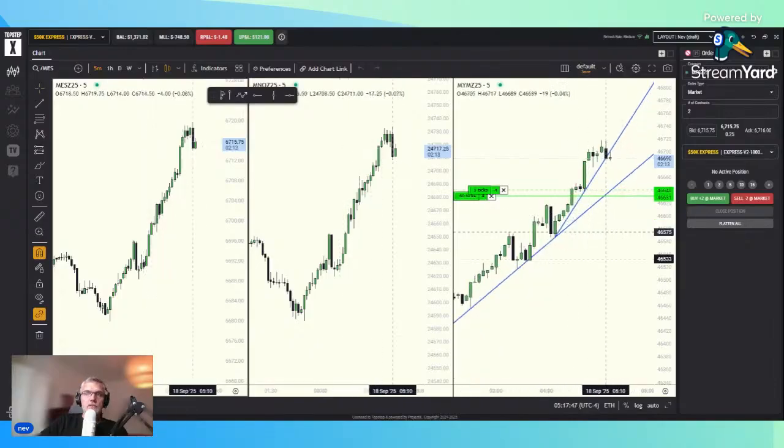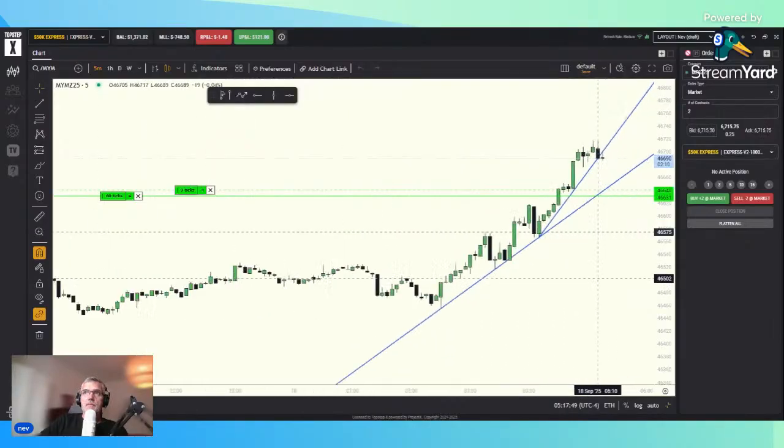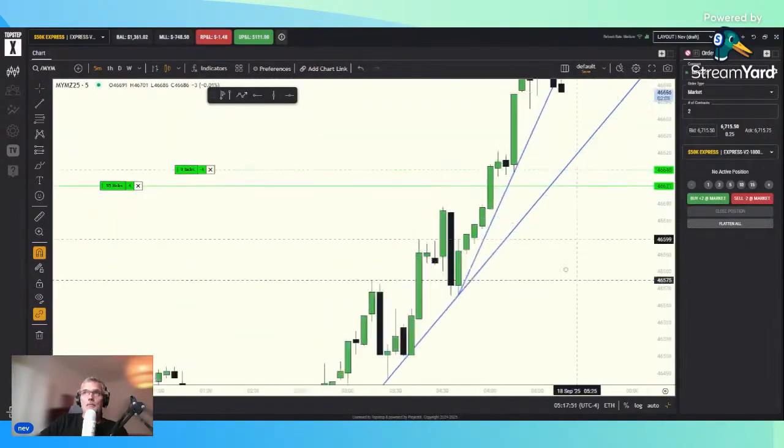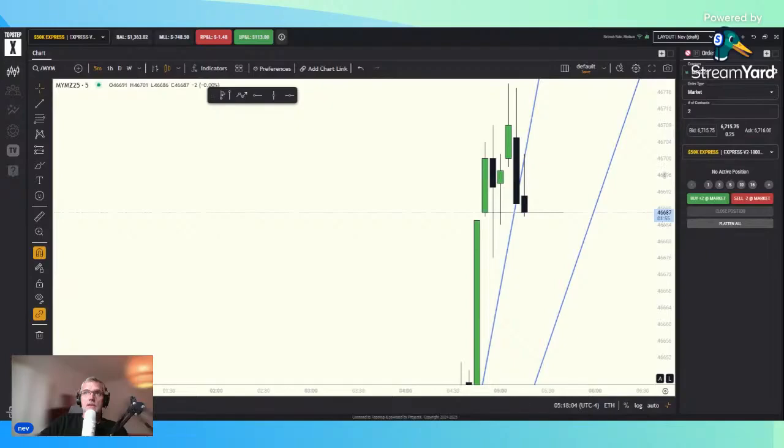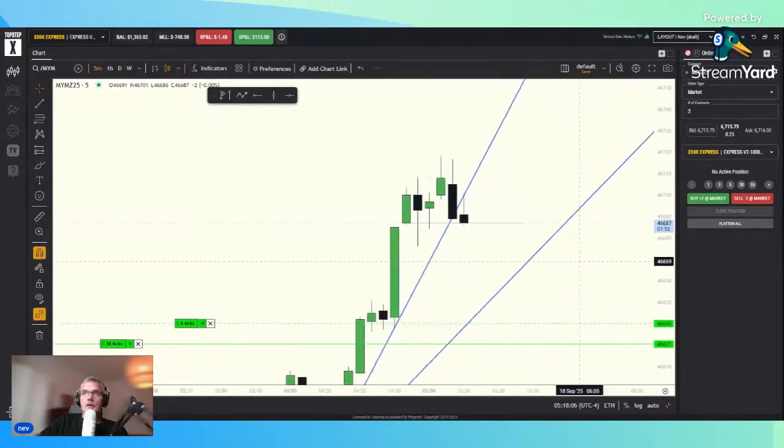You can see here that we've just broken through one of my little guides. So I'm looking to see if we close below this green candle. If we can, then I'm going to close out this trade and then wait for something else to set up.